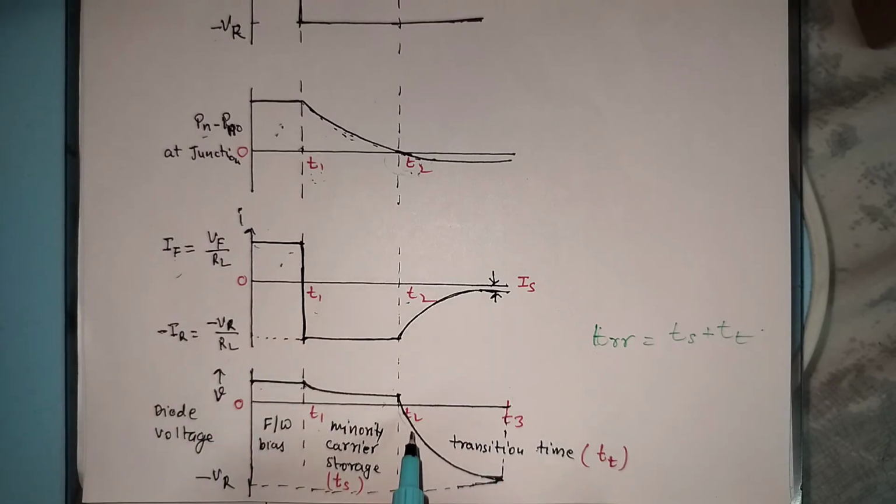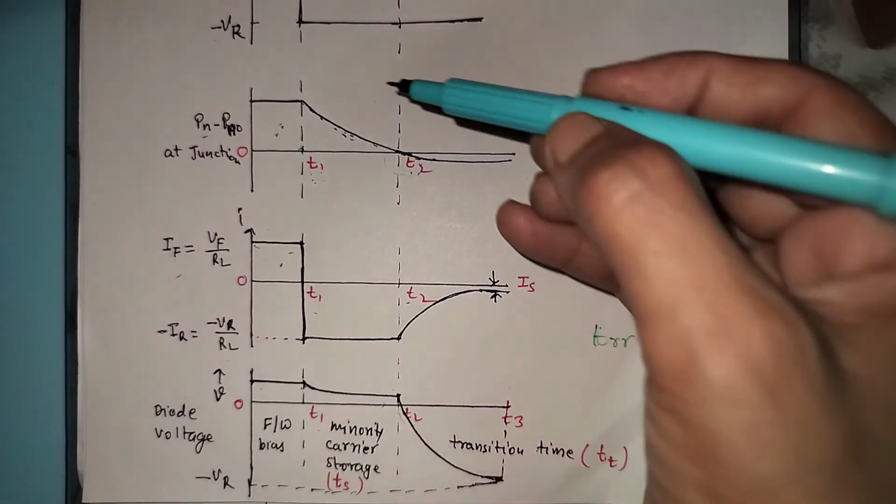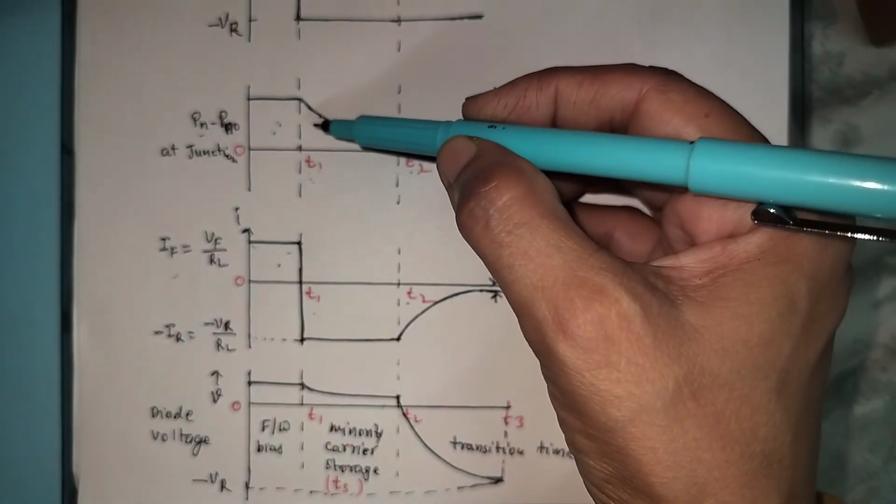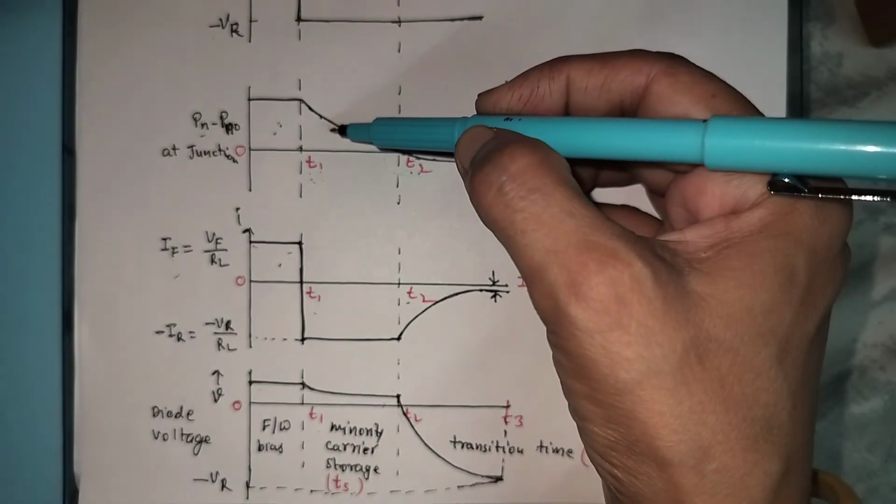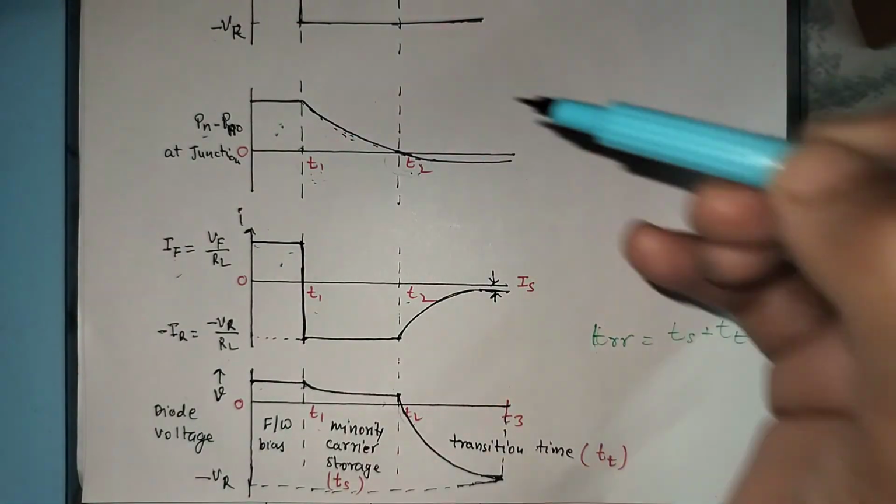The time from t2 to t3 is called the transition time, because during this time the diode voltage is going from positive to negative, and the time t1 to t2 is called the minority carrier storage time, because during this time the minority carriers are stored in the P region or in the N region.